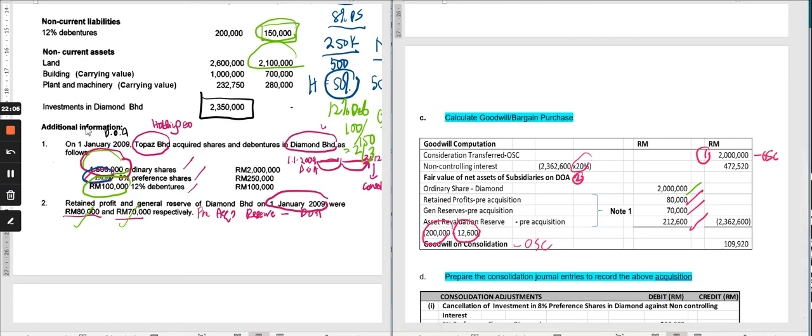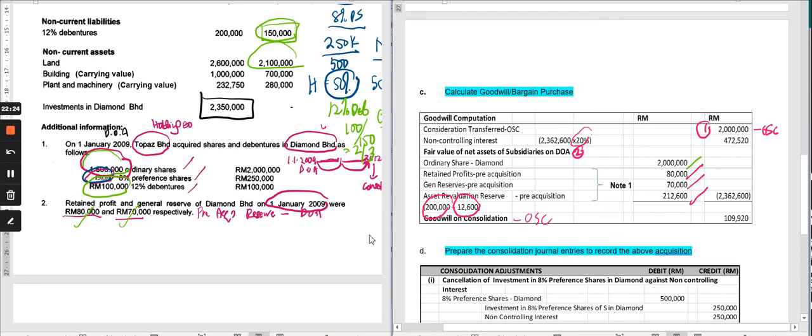For information, you can do your own calculation for preference shares and 12% debentures if you are interested. But for your information, there is no goodwill on that acquisition of preference and debentures.